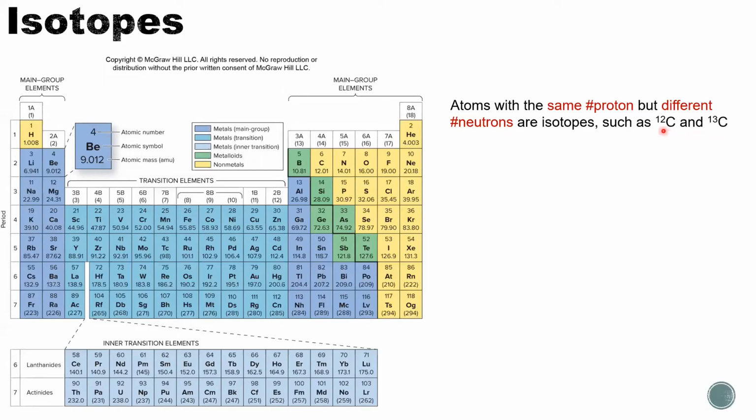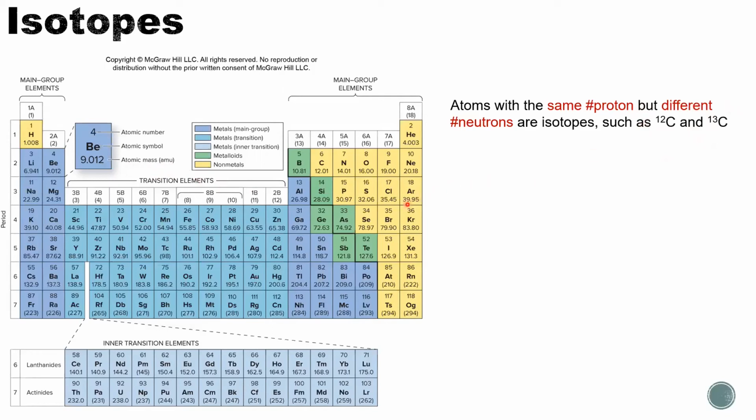And because we have these isotopes, different isotopes have different mass numbers, 12 and 13. What we find in the periodic table, the atomic mass in the unit of amu, is an average of all of the isotopes of the same element in nature.